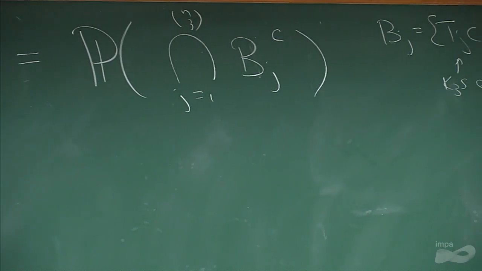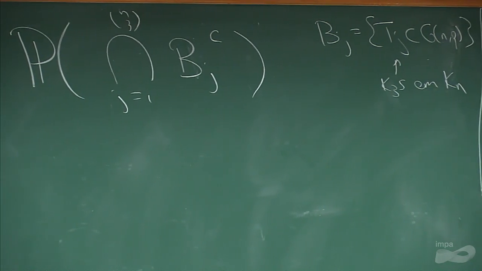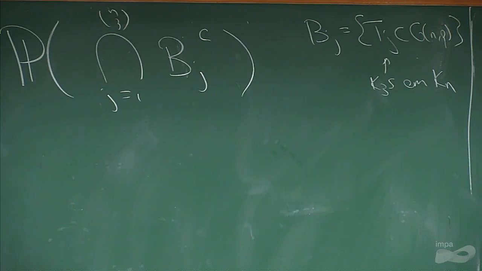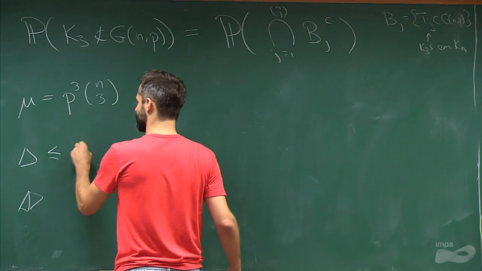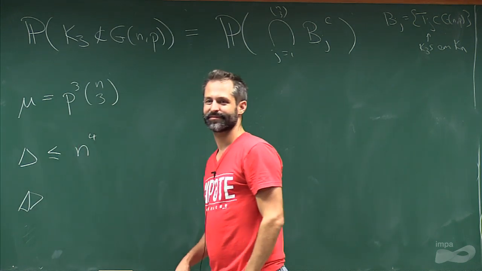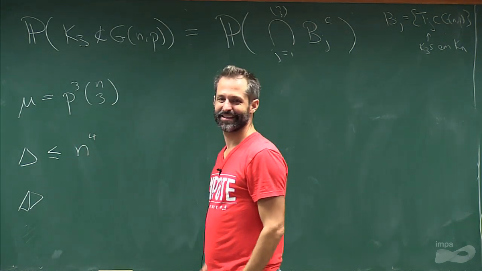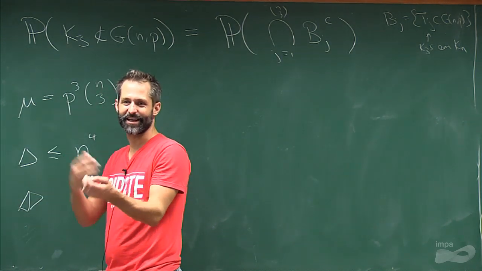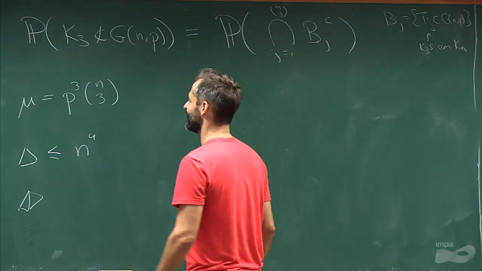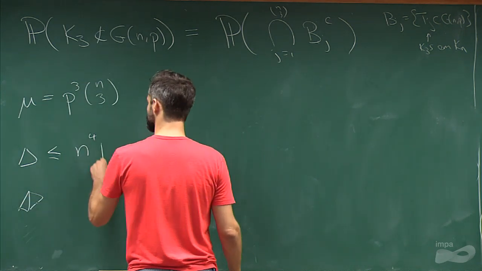Because if they're the same, they're not counted. So it's at most, how many of these things are there? At most n to the 4. Choose the vertices one by one. That tells you what the two triangles are. Times 5 edges, p to the 5.